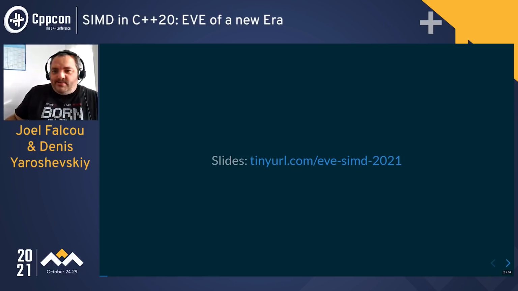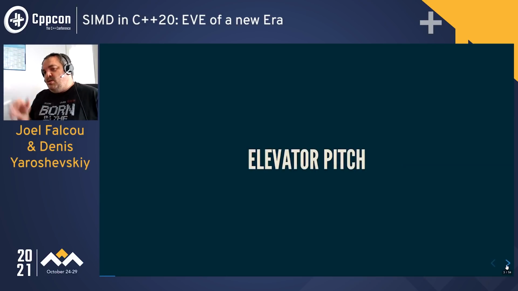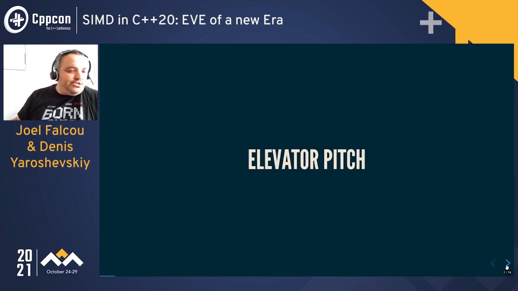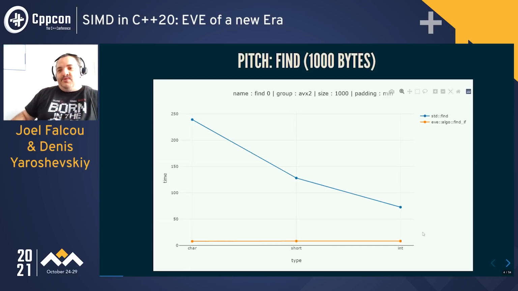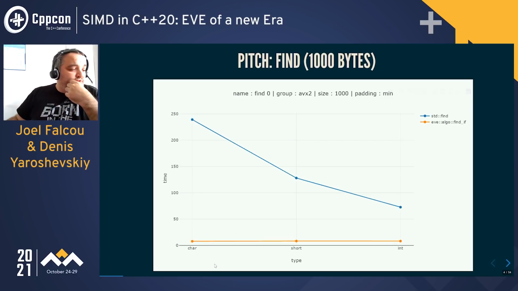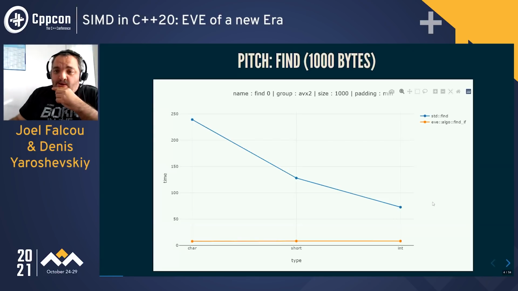If we are speaking about SIMD programming, it is probably because we want some performance. Let's try to see what kind of performance we are speaking of, looking at some basic benchmark. Let's say you want to find a bunch of values in an array. This array is about 1,000 bytes, depending on the type you are dealing with: char, short, and integers.